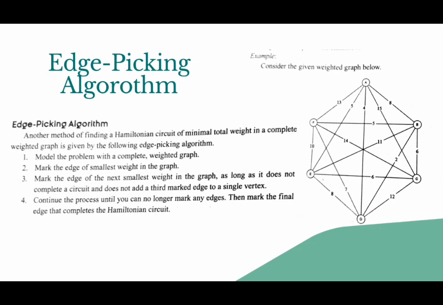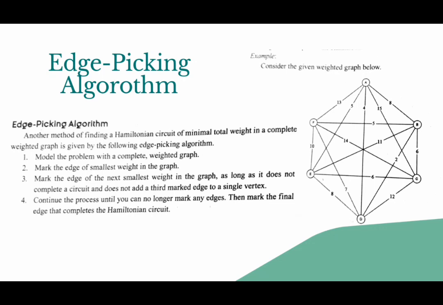So, connect FE. Na-connect? Next, connect EC because the edge EC has the smallest weight whose vertex has not yet been visited. Finally, all the vertices have been visited, so proceed to step 4. Return to the starting vertex by connecting C to A.